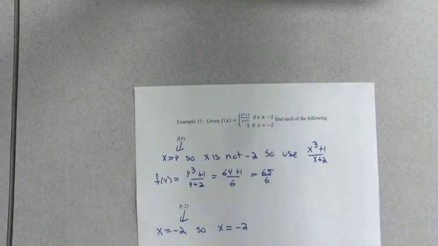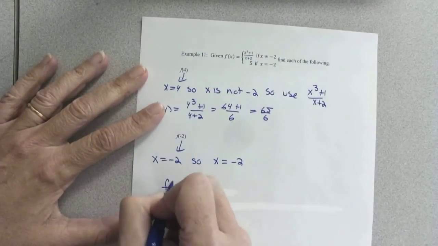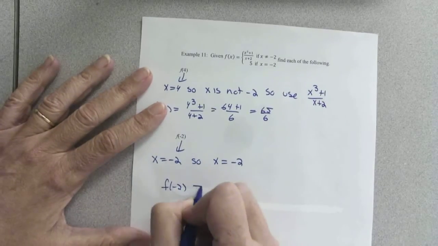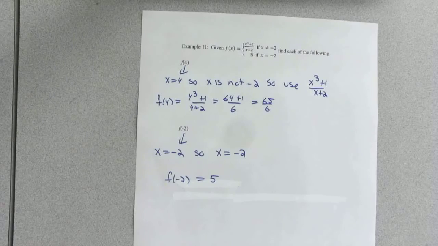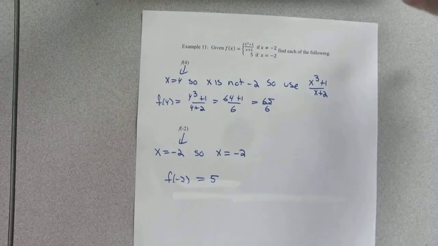And so what this is saying is when x equals -2, the answer is always 5. There isn't a formula to plug in here; whenever x is -2, the answer is always 5. So f of -2 is 5. And that's the end of this section and the end of this video.